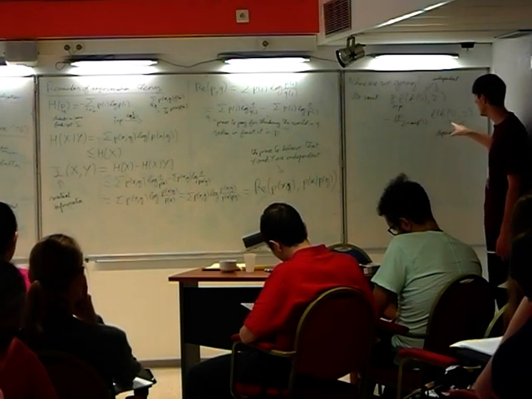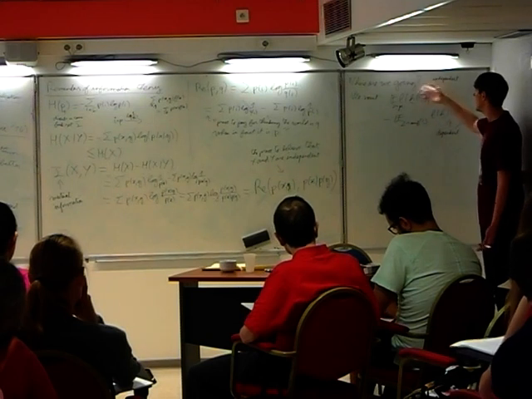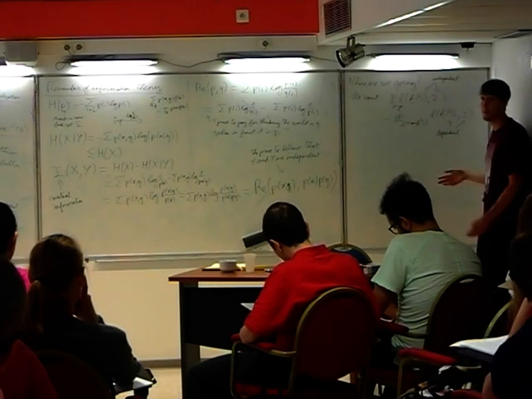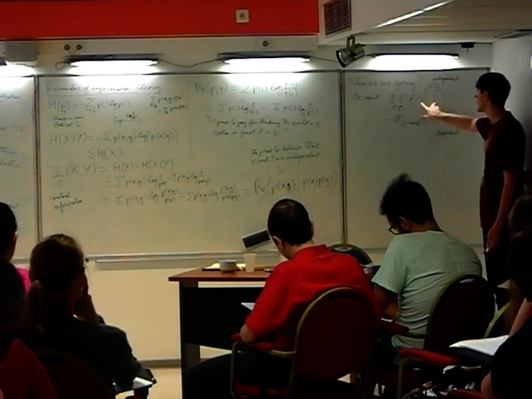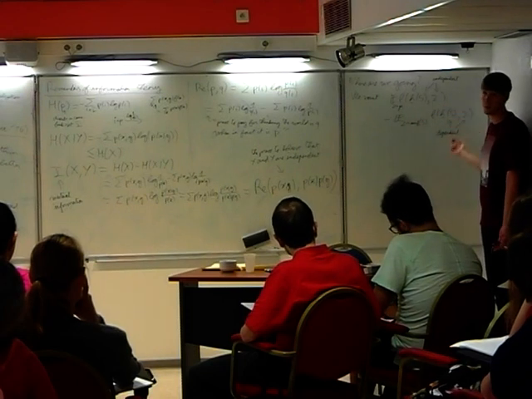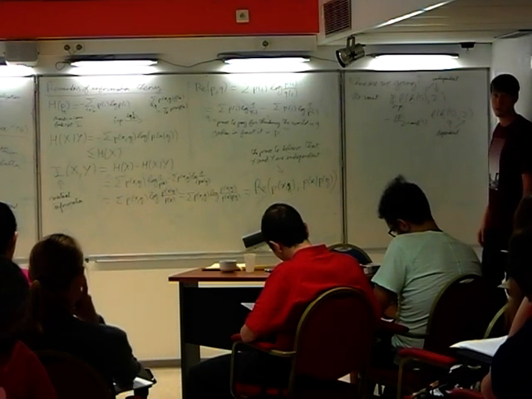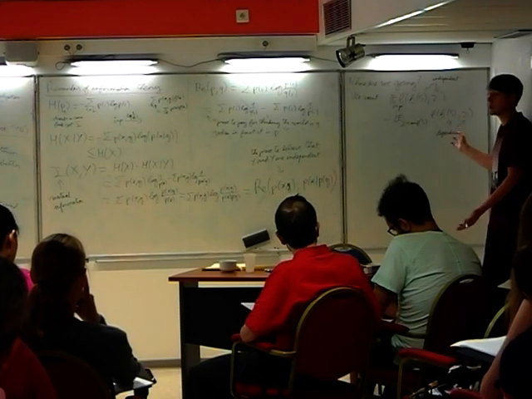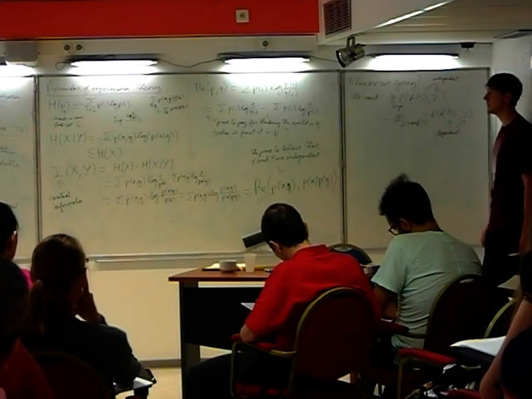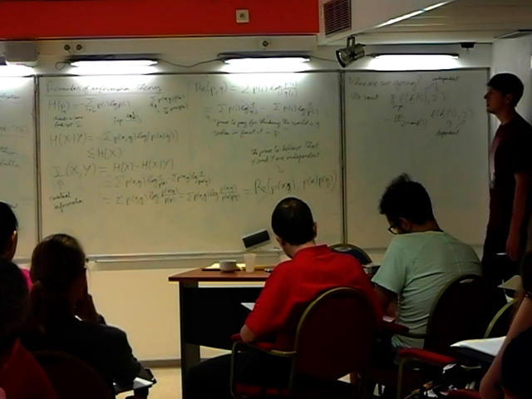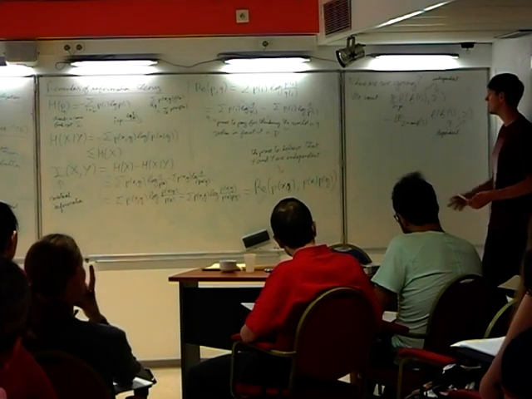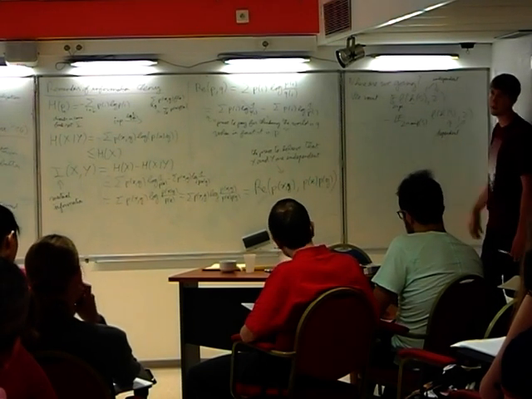So you want to know, are those two things close? Are you paying for believing those two things are independent while in fact they were dependent? So you see that the mutual information is going to come in very naturally. It's still a beautiful idea and nobody noticed it before, but in hindsight it's very natural.